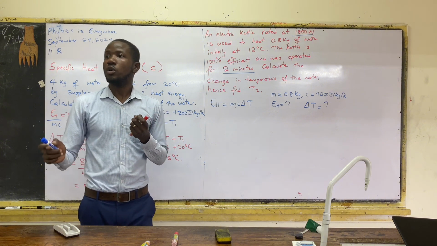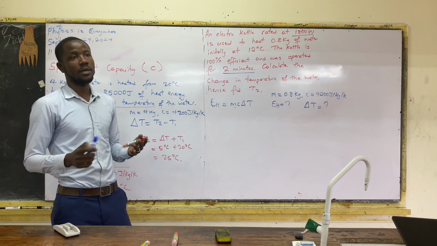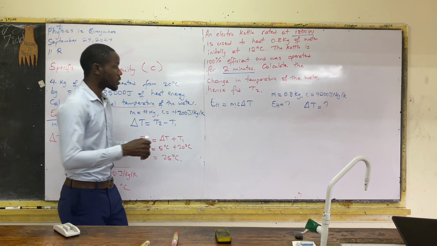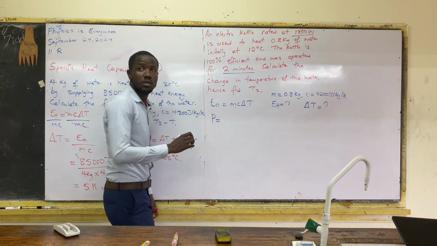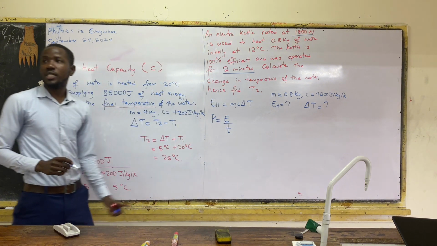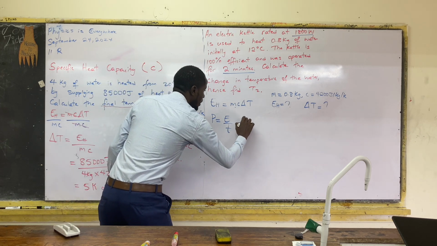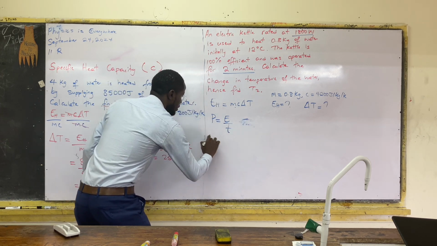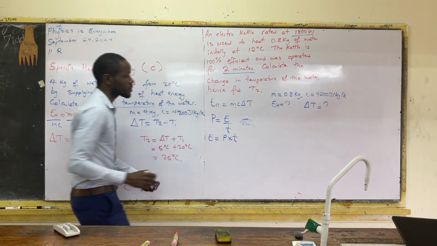So what's the formula, students, that relates energy, power, and time? All right, so P equals E over T, energy over time. So if P is equal to energy over time, energy is going to be equal to P times T, right?